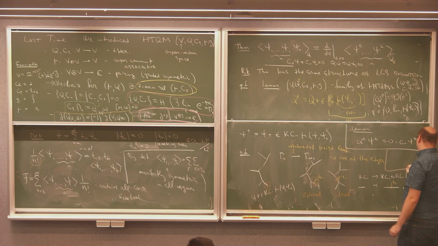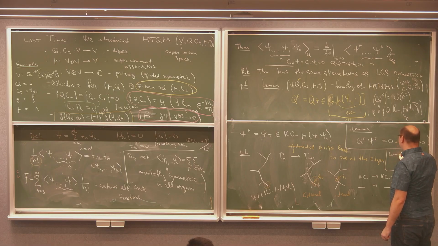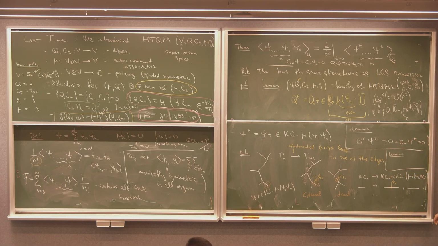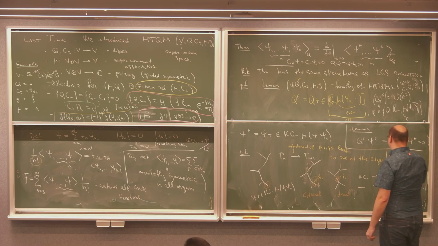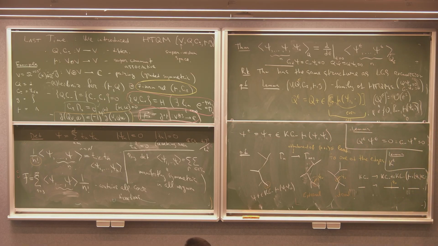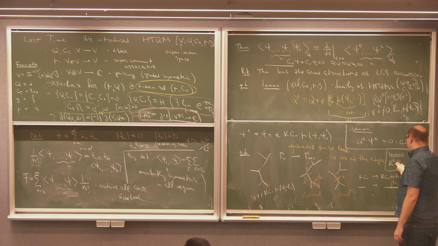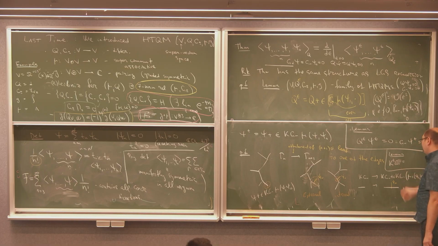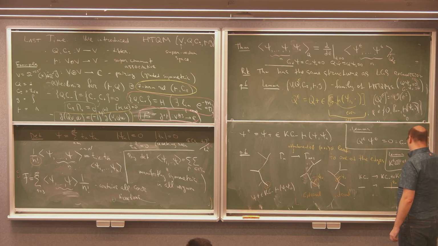Then there is an additional lemma: this Q epsilon defines an HTQM. If it defines an HTQM, then we have a propagator defined for this cube. That propagator, or to be more precise K epsilon G minus, because the additional G minus would kill some terms, will be precisely KG minus plus this expression.